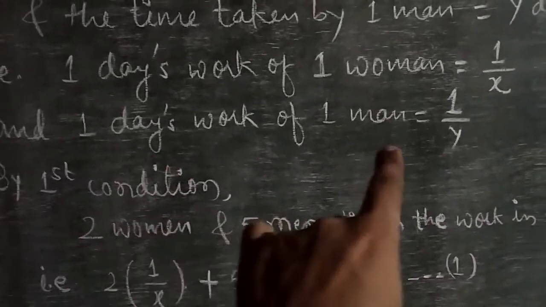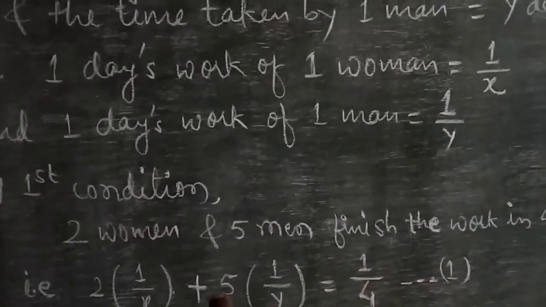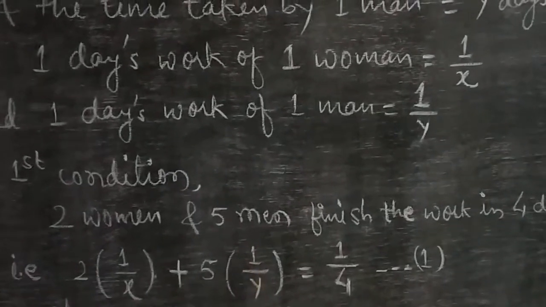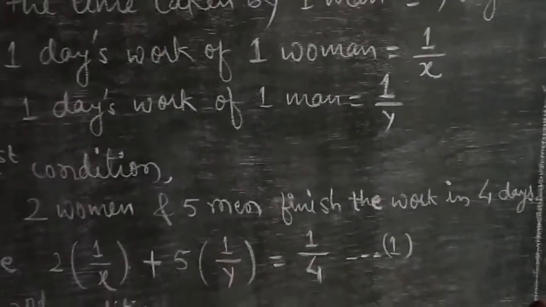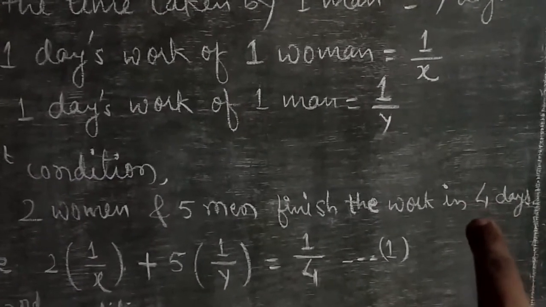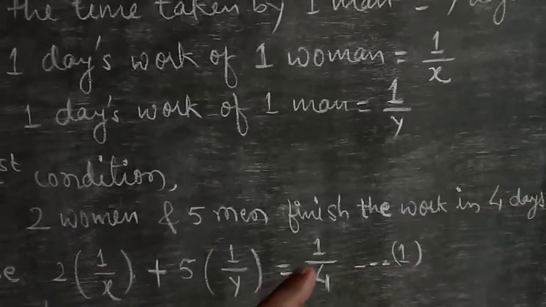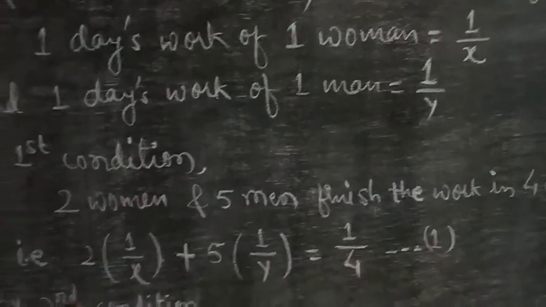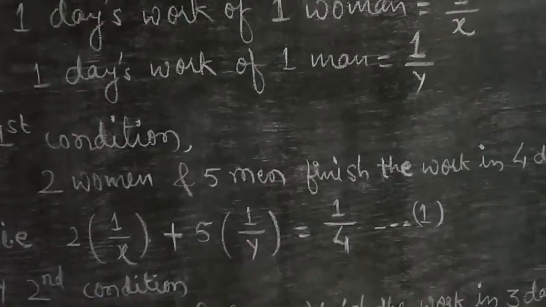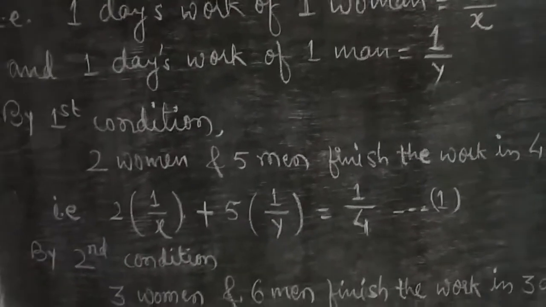Similarly, 5 men's work will be 5 into 1 upon y, and it equals 1 day's work, which is 1 upon 4. So the equation will become 2 into 1 upon x plus 5 into 1 upon y equal to 1 upon 4. So it is our first equation.